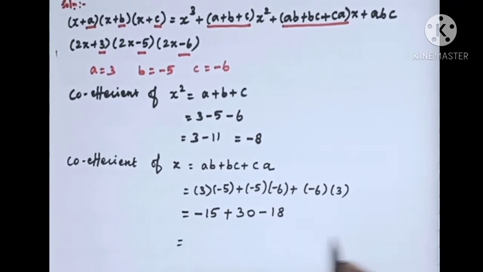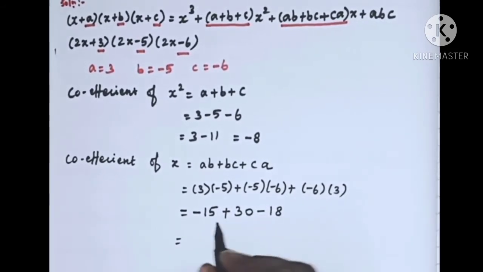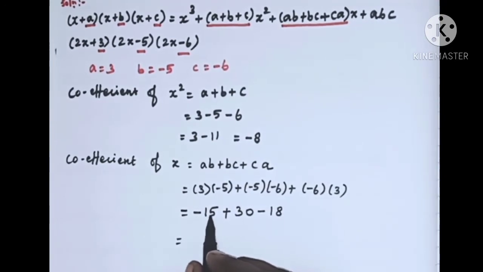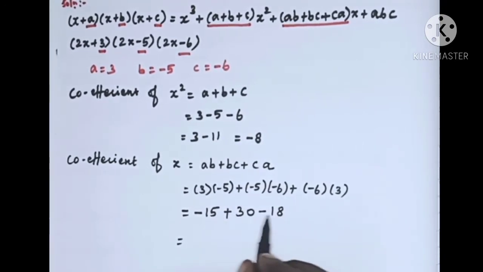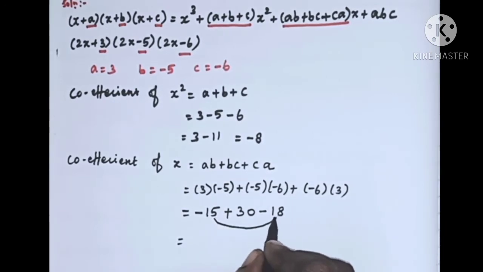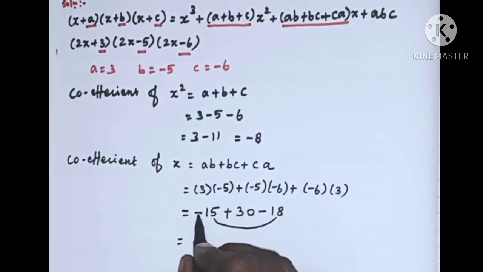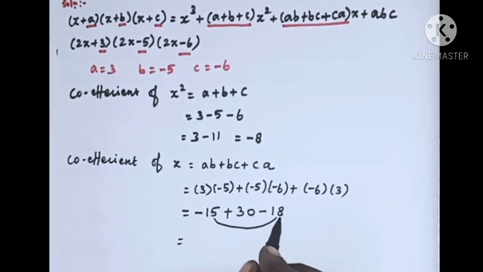Now here we have to add the like terms. Here the numbers minus 15 and minus 18, these two numbers are in negative sign. So first we have to add these two numbers because they have the negative sign. So minus 15 and minus 18, adding these two numbers we get minus 33.